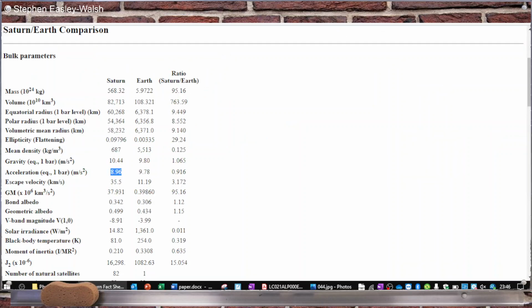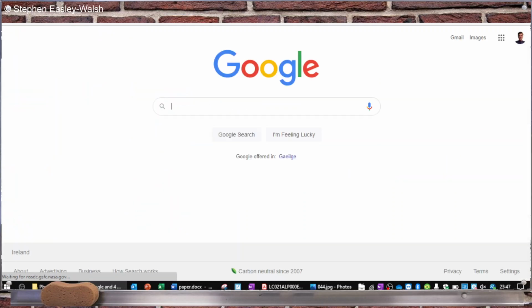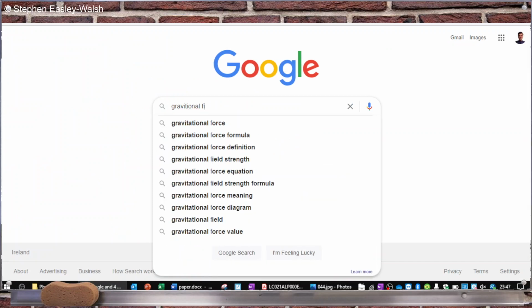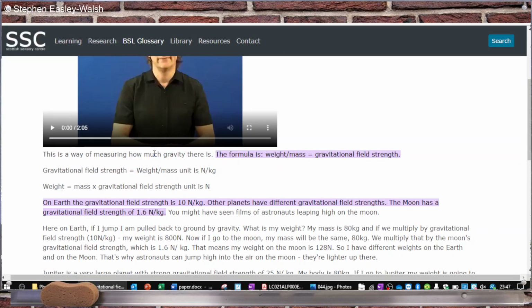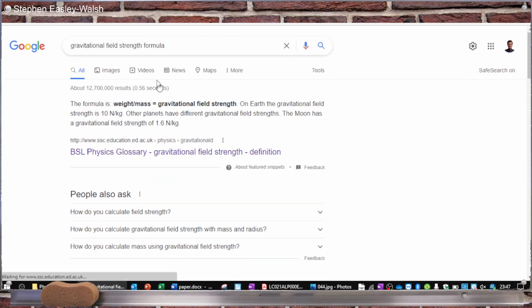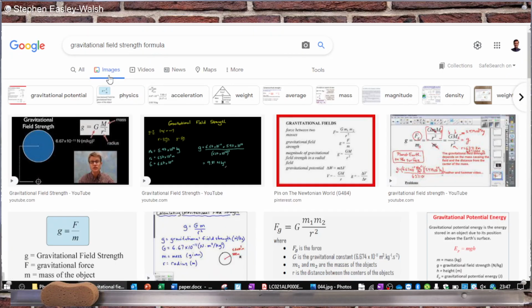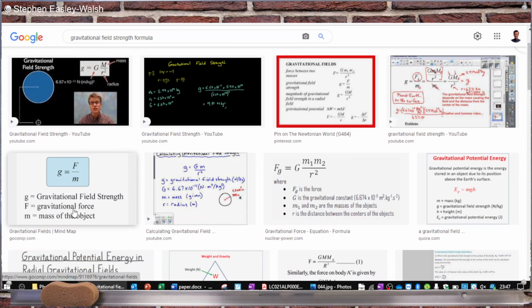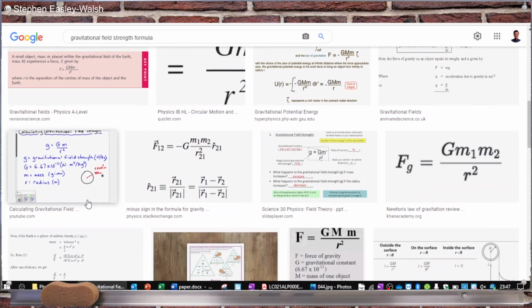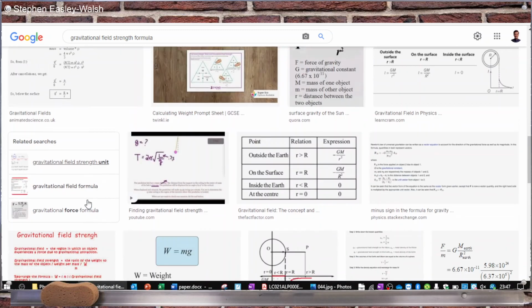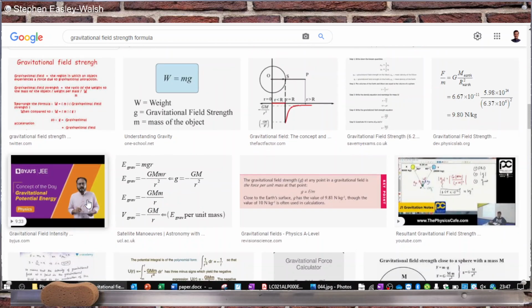I think I have the right formula. Let's just double check that too. Gravitational field strength formula for the g. Yeah, that's it there. GM over R squared.